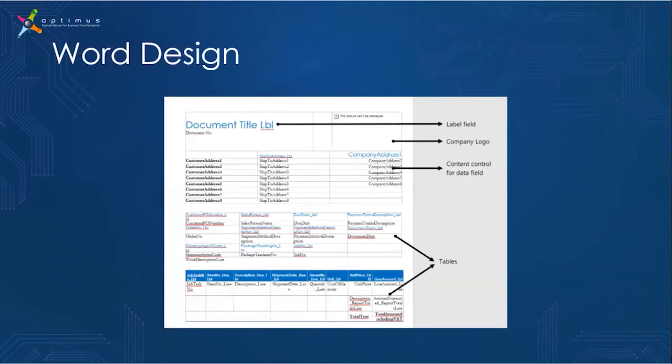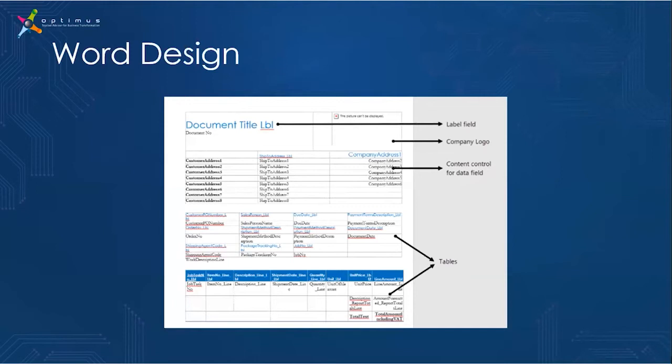This is how I created the previous example, including first of all a label, a company logo, a content control for data field, and then the tables that I want to use. This is because, for instance, for an invoice, we have the sales header, the sales line as well, and the customer information as part of our data set that we can include. And then you can format your page and start including the fields that you need.